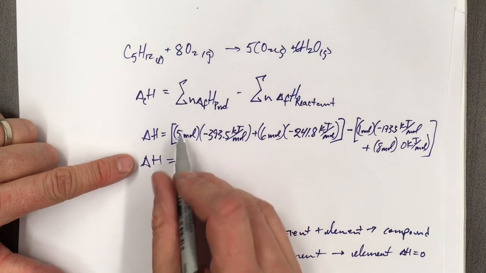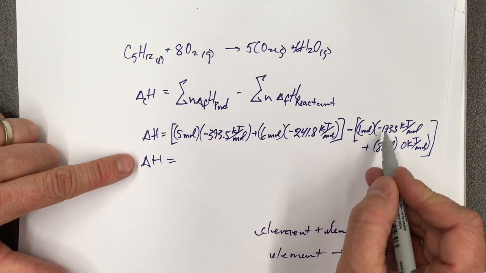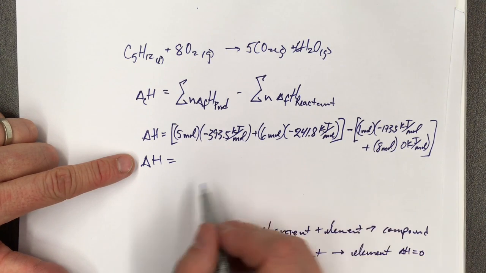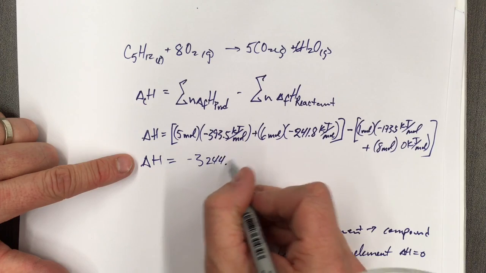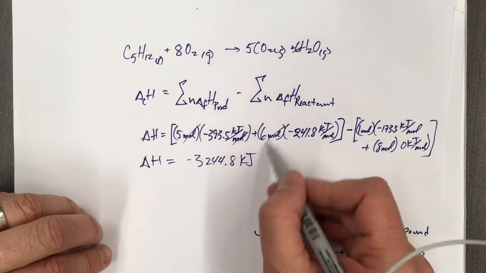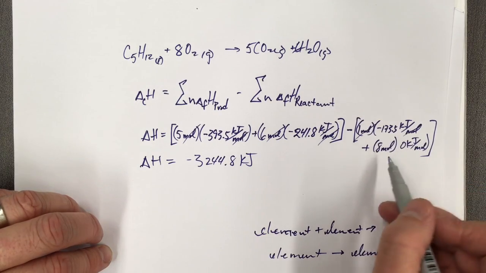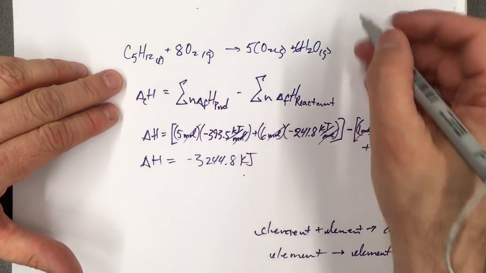But if I sum this, 5 times this plus 6 times this minus 1 times this plus 8 times 0 gives me negative 3244.8 kilojoules. Now, all the moles are canceling out, right? So we don't end up having mole anywhere, but this is the enthalpy of this whole reaction.